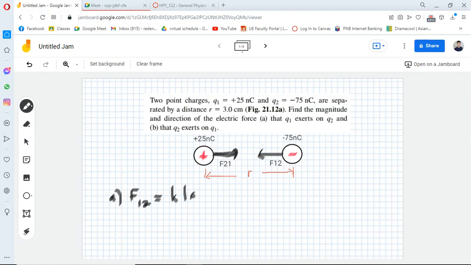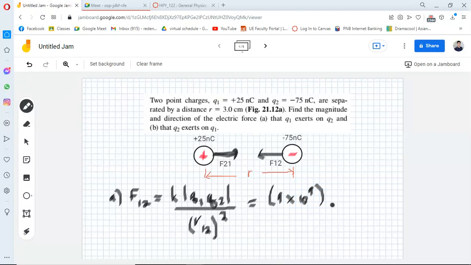Okay, we have the K, Q1, Q2, divided by the separation distance of R1,2. Tama, no? Tapos meron tayong square dito. Okay? So, just substitute the given values. Okay, so the K is around 9 times 10 to the 9.